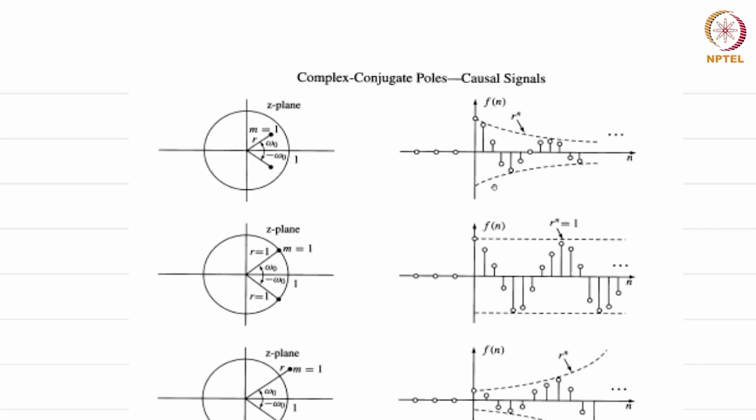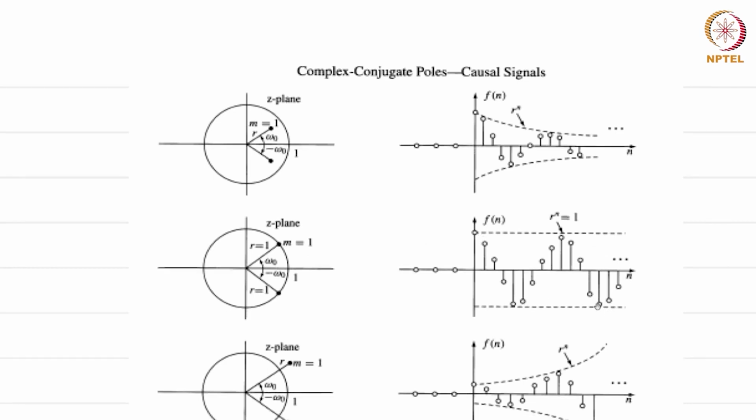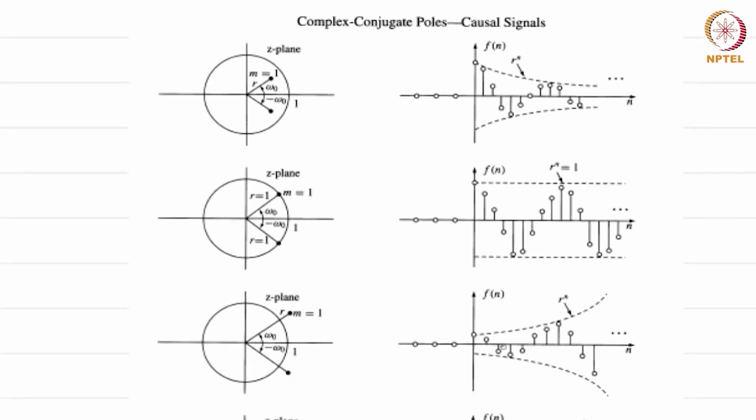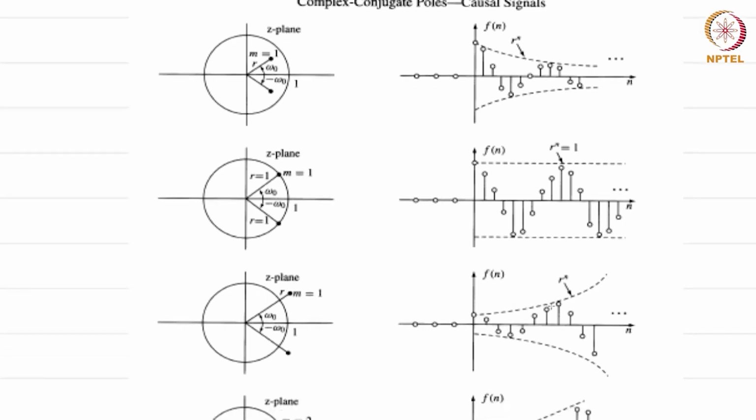The envelope will decay as r to the n, and the alternation inside is governed by omega naught. And if r were 1, you will get a pure sinusoid because there is no exponential decay. If r were greater than 1, the exponential growth is signified by r to the n, where r is greater than 1.